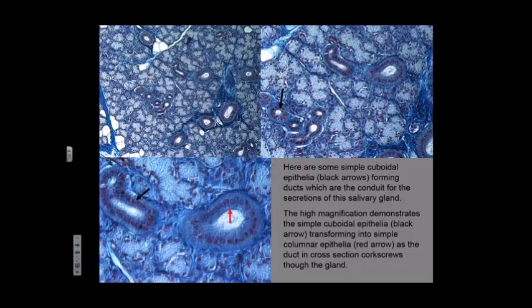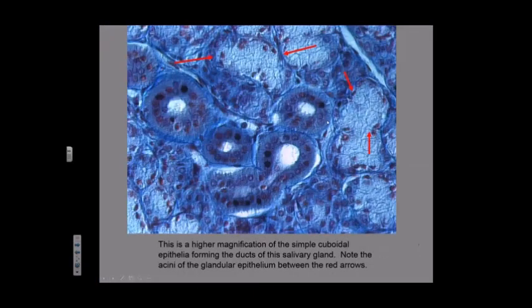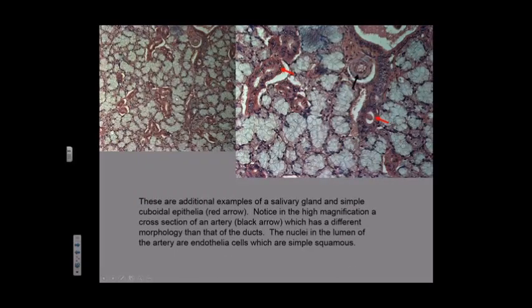All of these right here are the same duct because they're like corkscrewing through the tissue. So they're all connected? They're all connected. All these in the general area are all connected. Yeah, they're ducts made of simple cuboidal epithelia. We'll care less about the rest. I'm getting hungry.